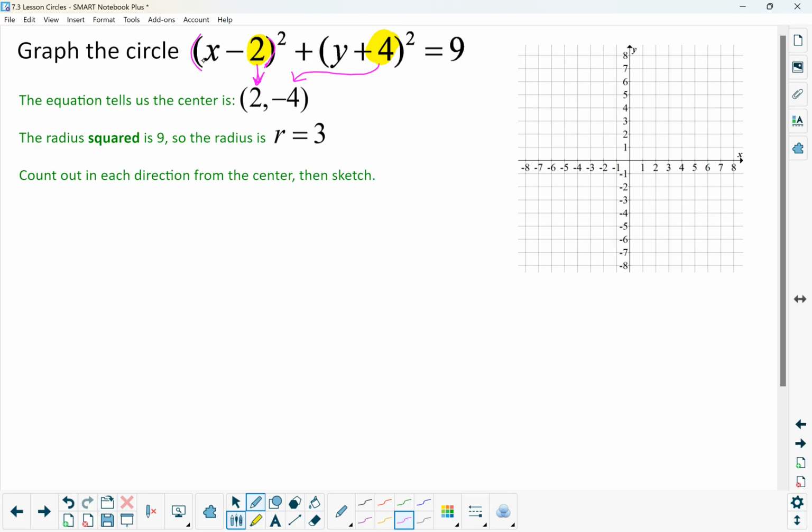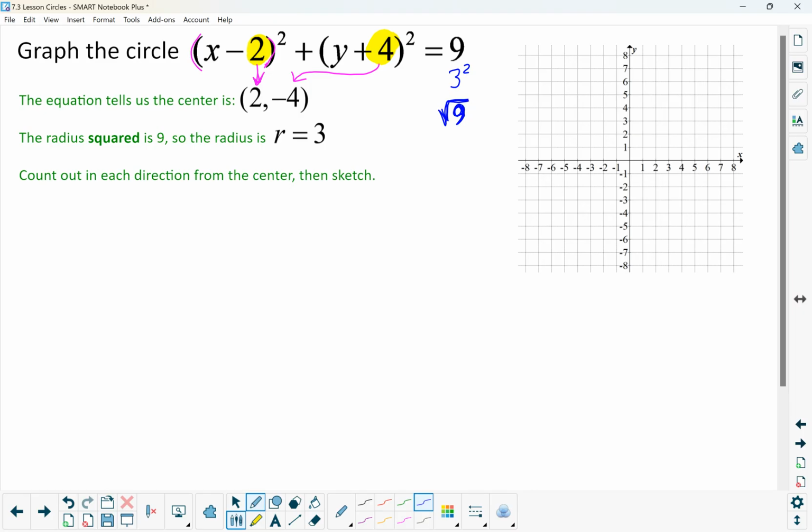If we see an x minus 2, that means the x coordinate of the center is positive 2. If we see a y plus 4 in this second term, we know that the y coordinate of the center is -4. The radius squared is 9, so you can either think about what number I square to get 9, or you can take the square root of 9 in your calculator if you aren't sure.